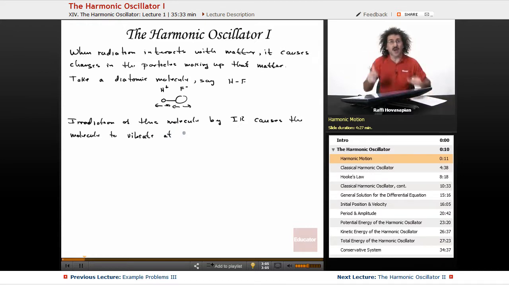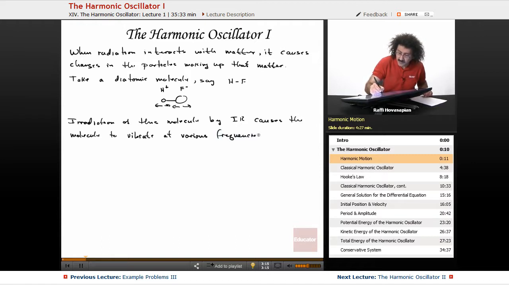Vibrate and oscillate are going to be synonymous. In other words, it's going to change the energy level of the molecule.